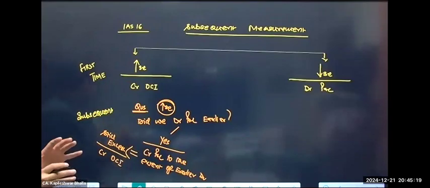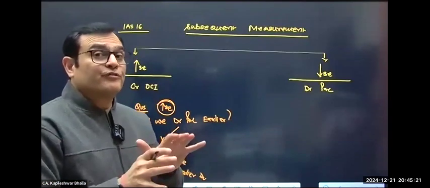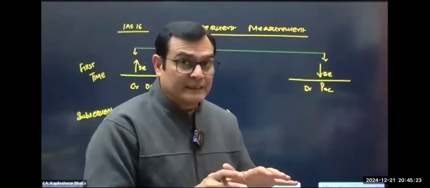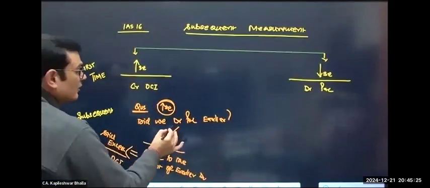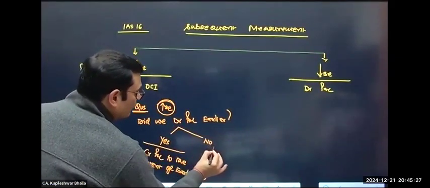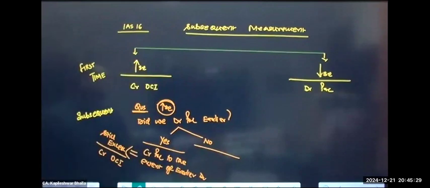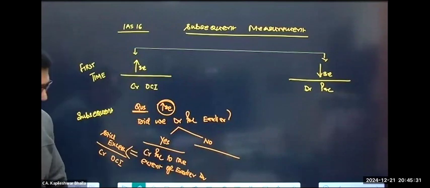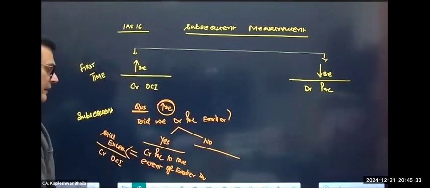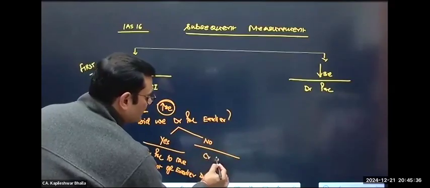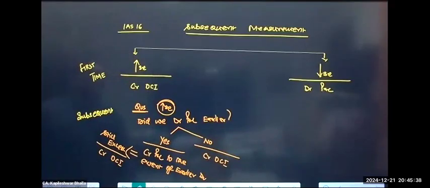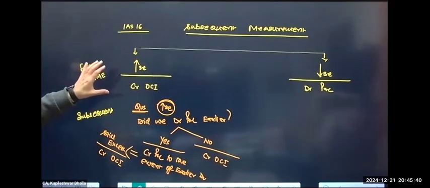So the treatment is slightly different when you do it for the first time and when you do it for the subsequent time. If I say I did not debit the P&L, what would the treatment be? To OCI. I will simply credit the other comprehensive income. So your focus needs to be very clear: if it is a first time increase, OCI.